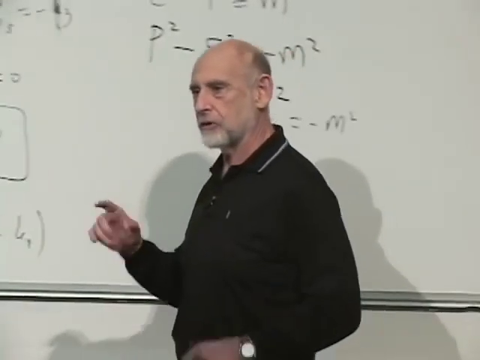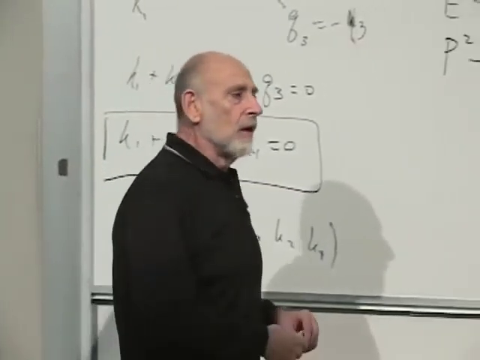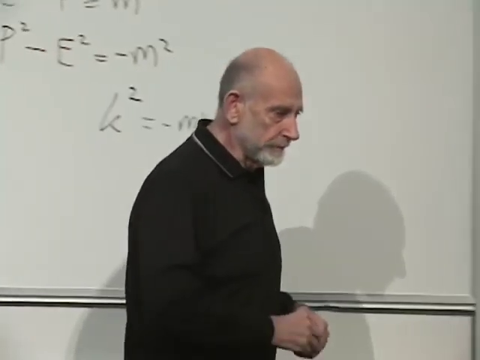Let's think about physically now. How many variables does a scattering amplitude or a scattering process depend on? Well, the first thing you can do is, whatever the momenta are, you can use relativity to go to a frame of reference where the center of mass is at rest.